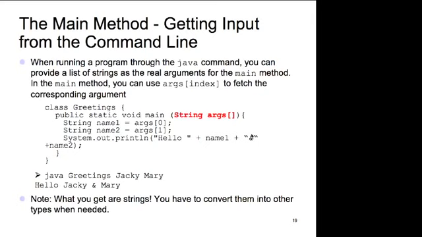Anyway, so the main method, getting input from the command line. What ends up happening is the same thing if you're familiar with C or C++. This string argument that comes from the command line, we can actually get the string, and this is going to be an array of information that's typed in. Same concept if you are familiar with C or C++. If you're brand new to Java, again, go back to Deitel and Deitel. Within the first chapter, chapter number 1 or 2, he goes into the concept of string arguments.